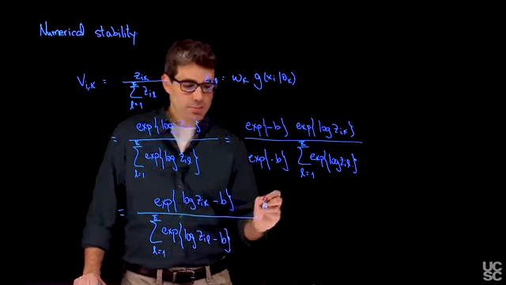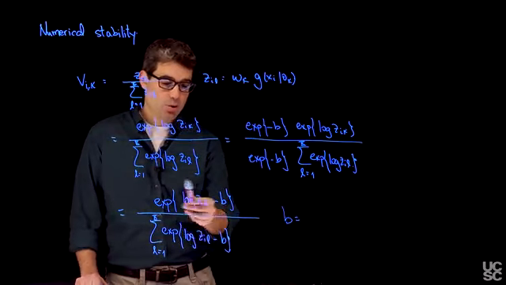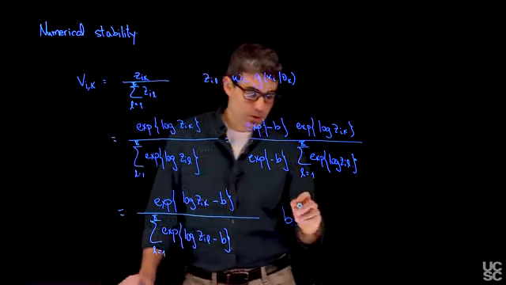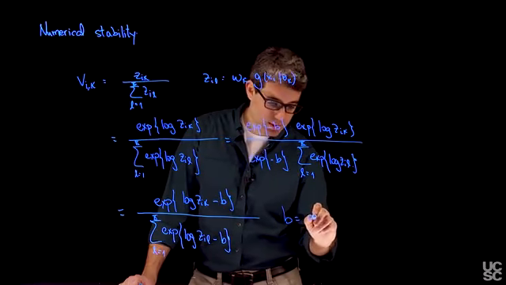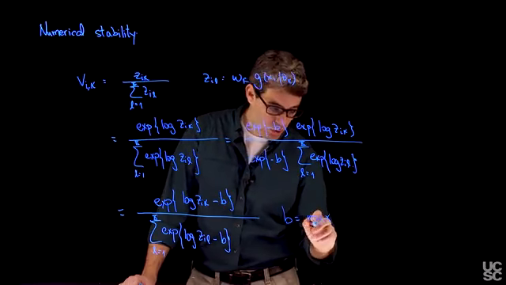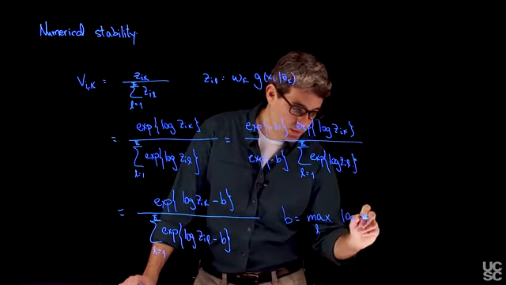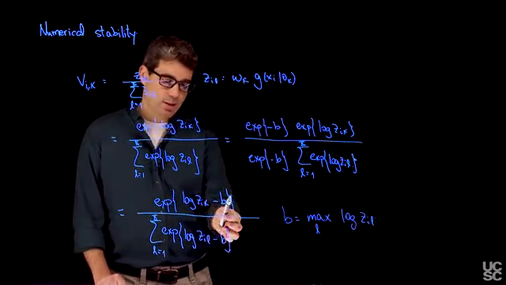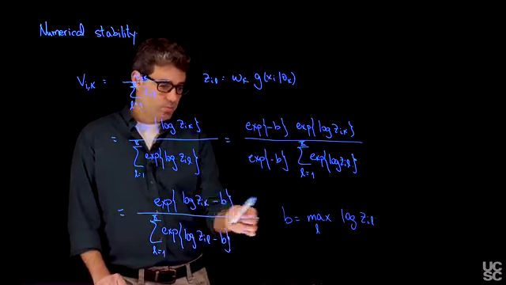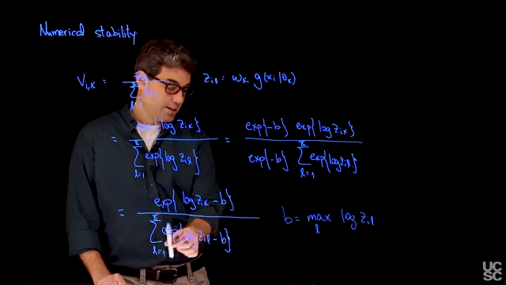And a typical choice for that is to pick b to be the largest value among the z_ik's that I'm working with. So it's typical to take b as the maximum over l of the logarithms of the z_il's. And if I do that, what should be clear is that one of these quantities is going to be exactly equal to 1.